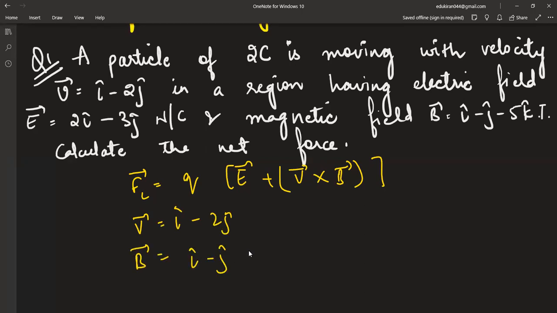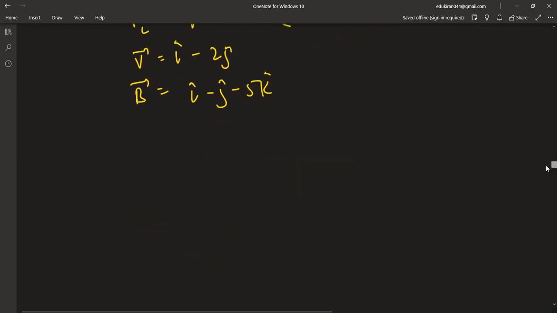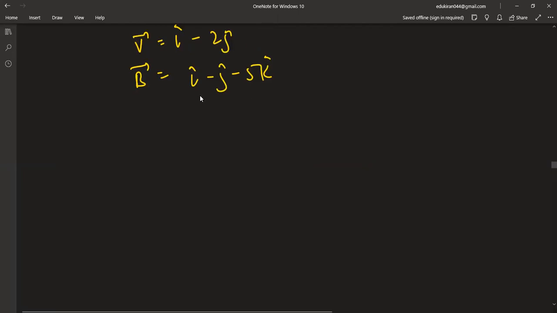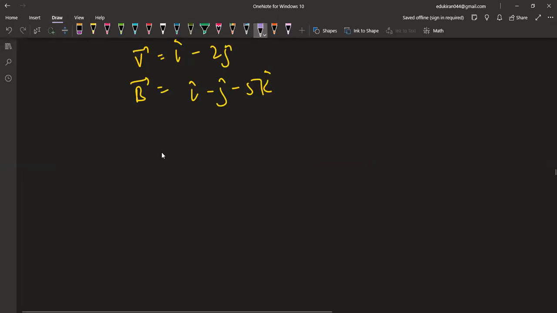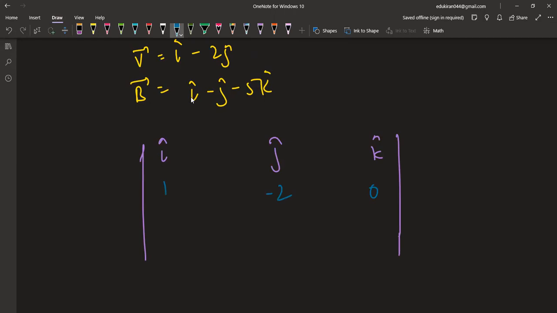I cap minus j cap minus 5k cap, right? So how do we solve cross products? Determinant system we have discussed. So I cap, j cap, k cap. This is 1, minus 2, 0 because k cap is not there. Coefficient of I cap again 1, j cap minus 1, k cap minus 5.